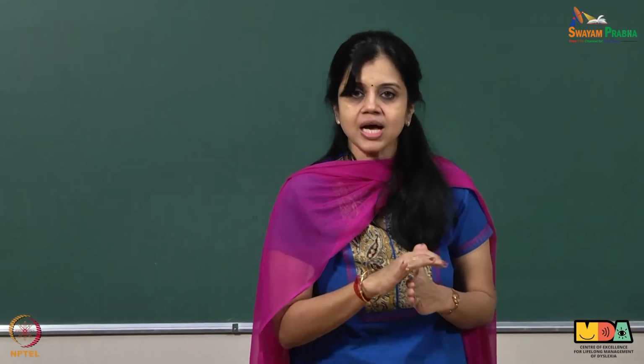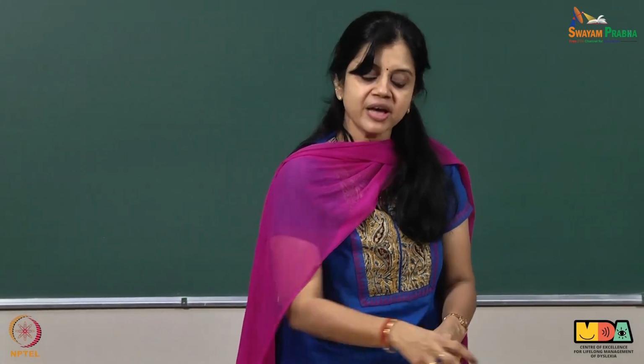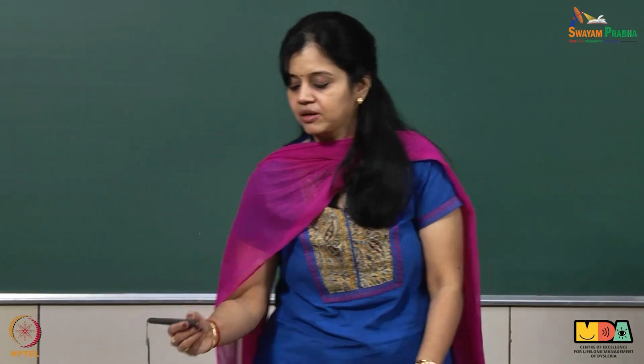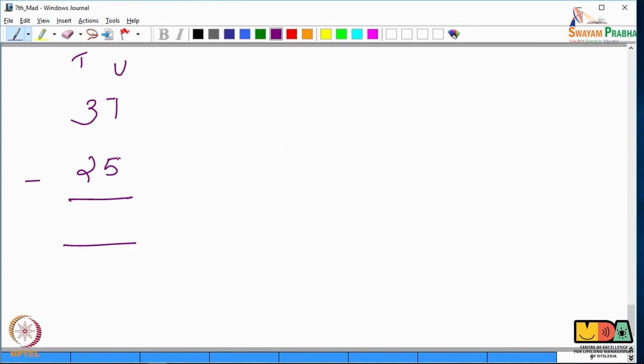Here we do not ask them to note down anything in the notebook, but the next step would be to note down in the notebook as and when they start manipulating manipulatives. So, let us take some other number, maybe 37 minus 29.